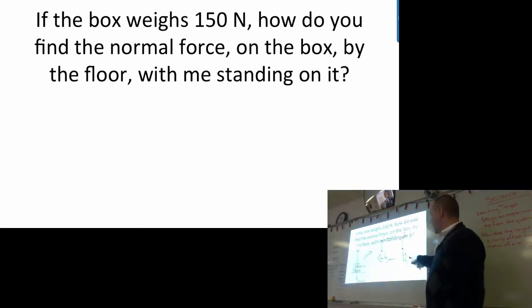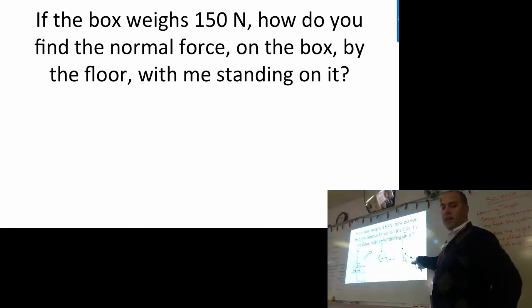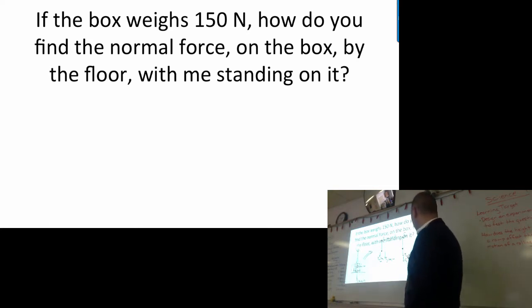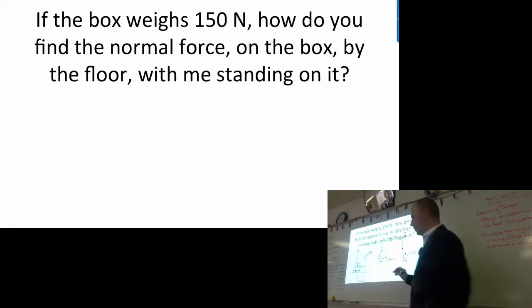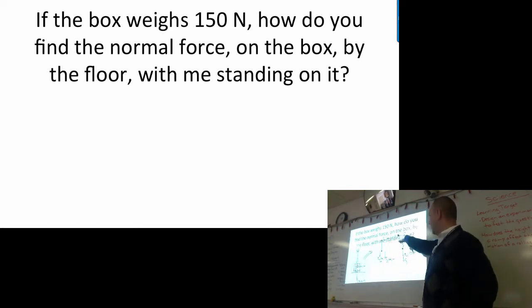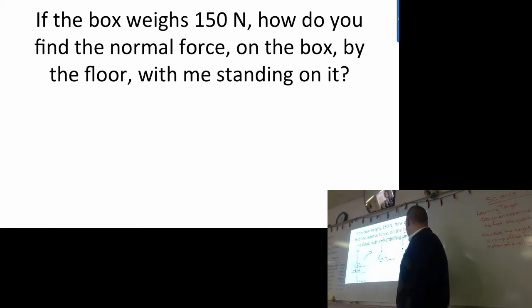With this in mind, if the box weighs 150 newtons, how would you find the normal force acting on the box by the floor with me standing on it? Add mine. What was my weight? 930 newtons, plus the box's weight, or the force of gravity acting on the box, which is 150 newtons.